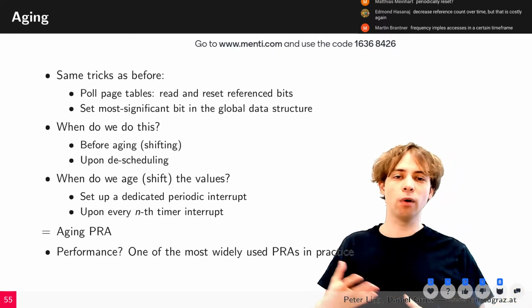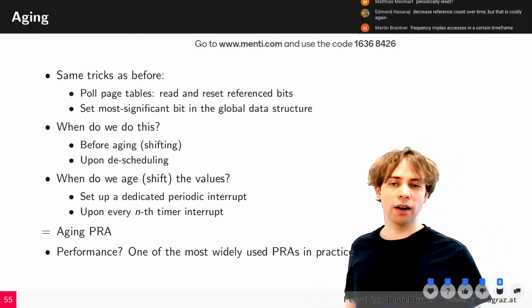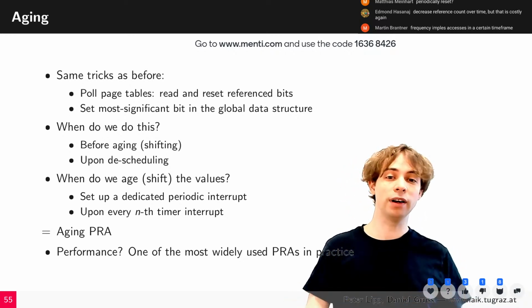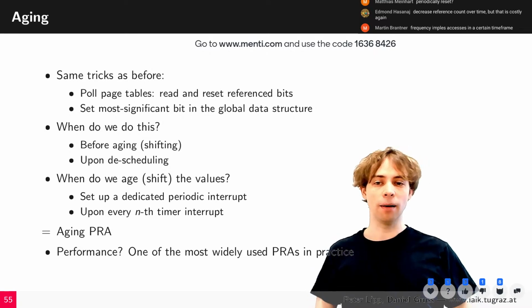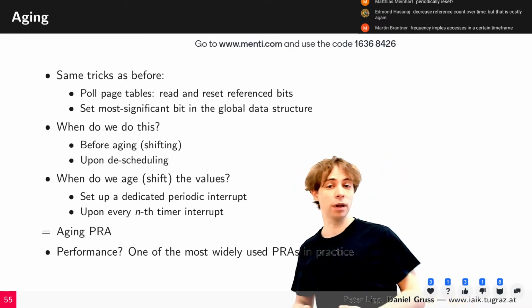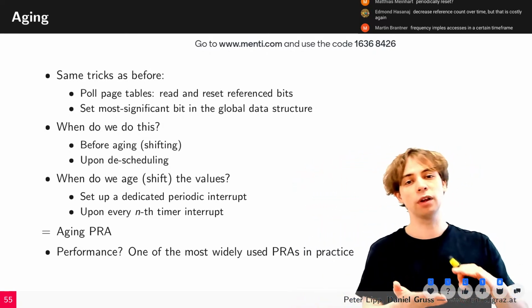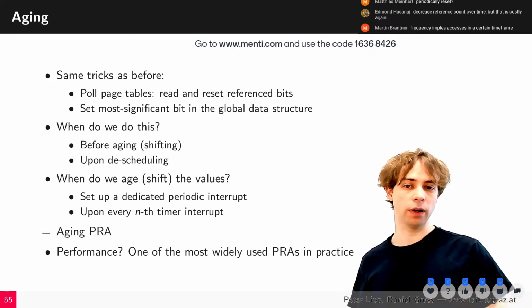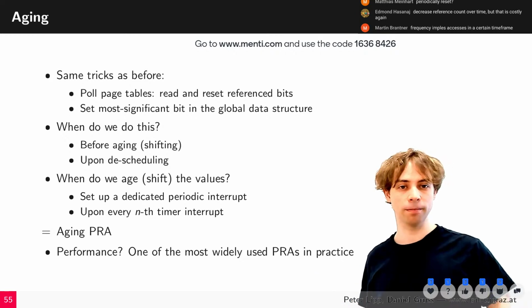So in Linux or Windows, you will find that there are way more sophisticated algorithms that have been optimized over decades by now to tweak out the last bit of performance and to smooth out all the edges that we have in these corner case situations.